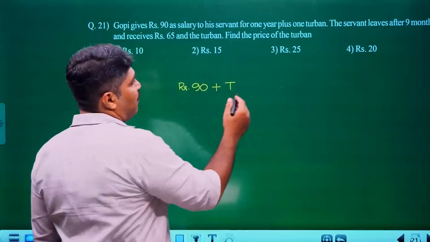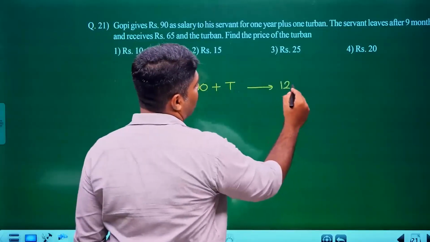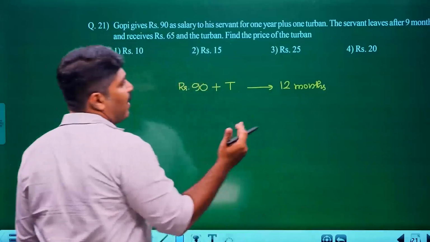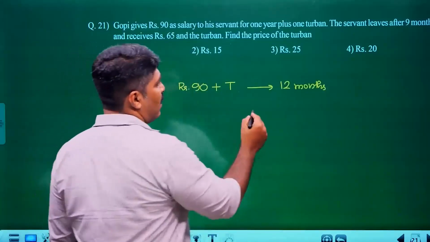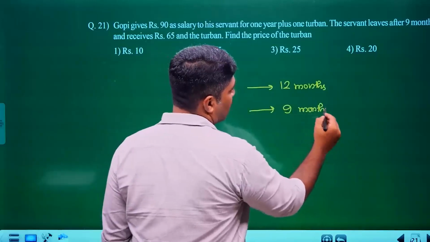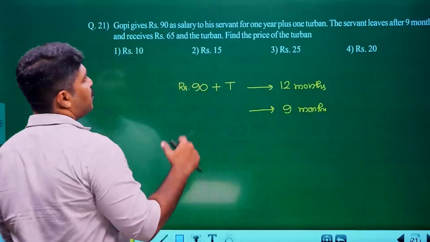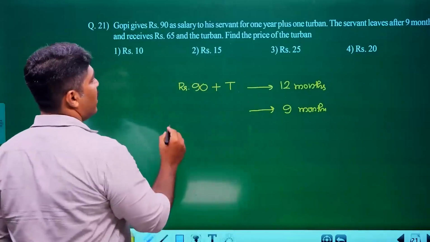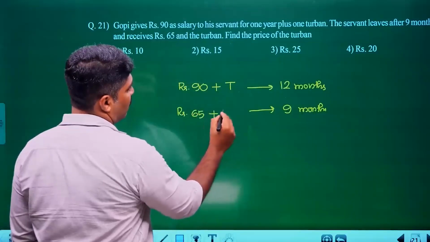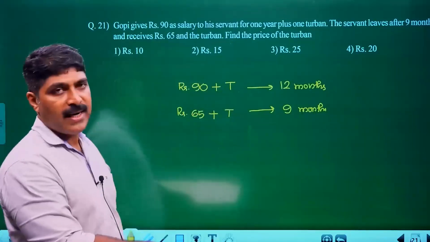And it's for 12 months. But what happened? The servant leaves after 9 months. So the remuneration is changed to ₹65 and 1 turban. How can we connect it?